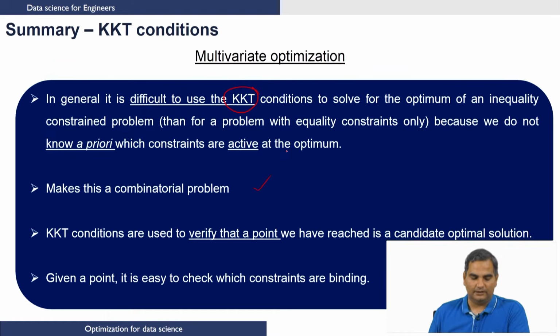In general, the KKT conditions are used to verify if a solution that we have is an optimal solution. However, optimization algorithms have different ways of solving this problem, and there are methods called penalty methods, active set methods and so on. We are not going to talk about those methods here.